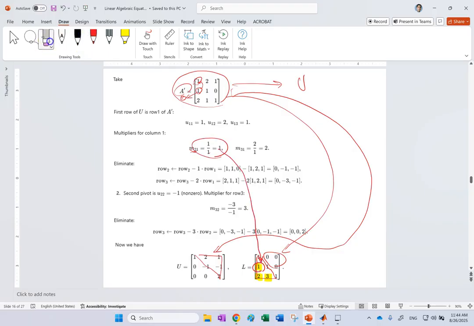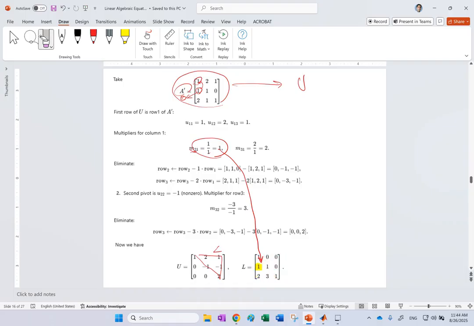And then if you look at the other one, for instance M31, this one here, that comes from the ratio of this 2 over 1, and that ratio you multiplied by row 1 and subtracted from row 3. So that 2 is going to go sit right there.